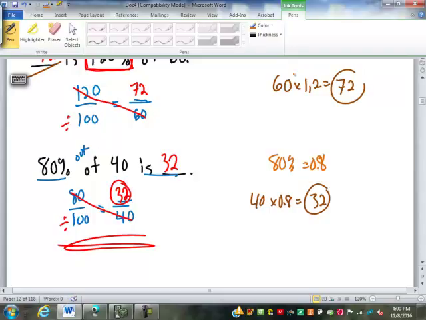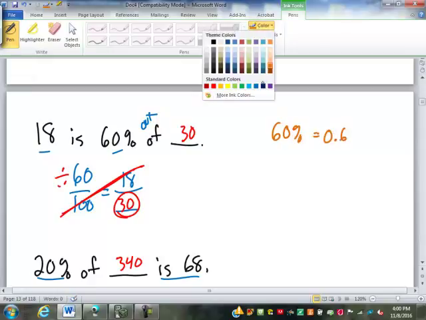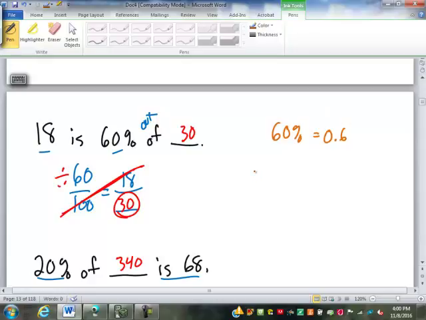The problem with the rate method is when we get to this next one. 60% is still 0.6. But when we go to solve this one, it is not 18 times 0.6. It's 18 divided by 0.6. Gives us 30.